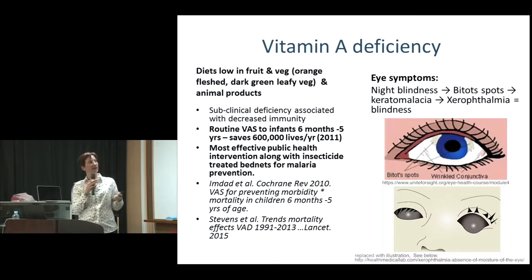So now we actually think that from orange-fleshed fruits and vegetables, it's more like 12 to 1. And from dark green leafy vegetables, it's more like 24 to 1. So hence, to meet your vitamin A from vegetable sources, you really need quite a lot of those vegetable and fruit sources, which explains why deficiency was still prevalent when we thought, well, they should be getting enough. But that's because we were overestimating this conversion.